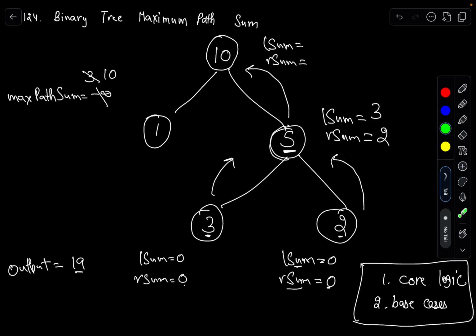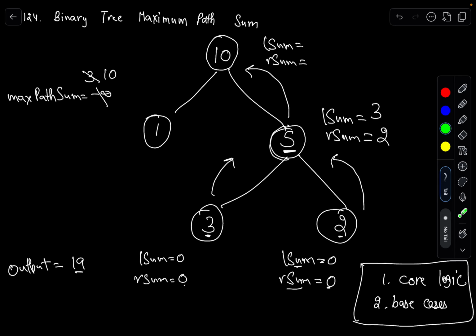So I have to return the max of these two, so that when this node calculates the max path sum, it can find the max path sum, right? The catch here is I can't return this path, because when I'm returning this path, then this will not be a valid path, as this node will appear in the sequence two times.